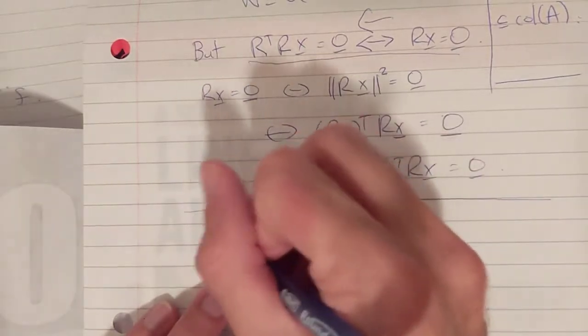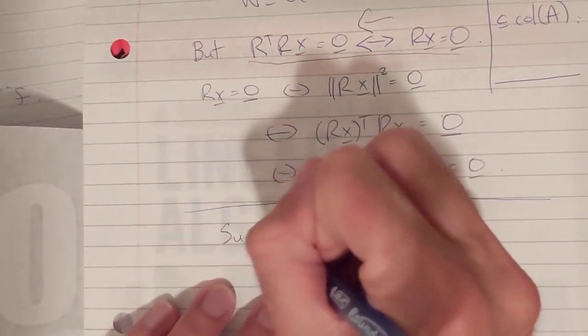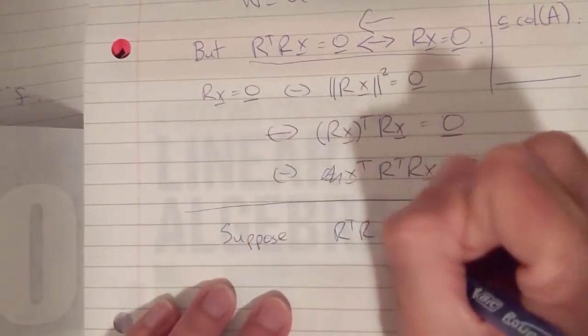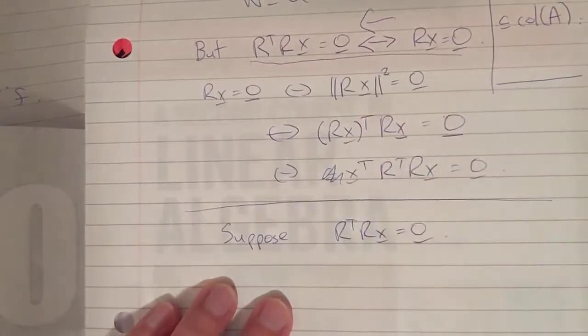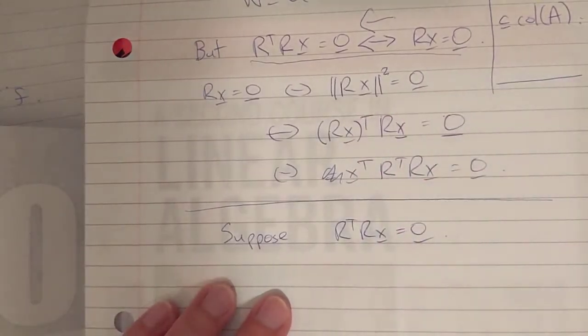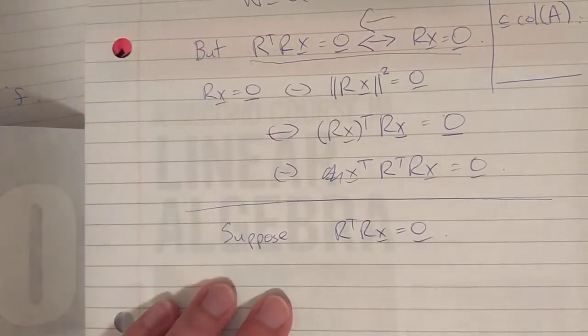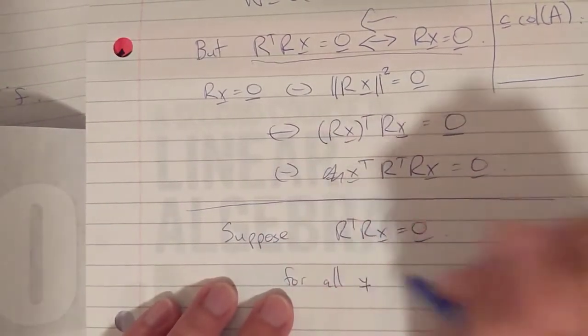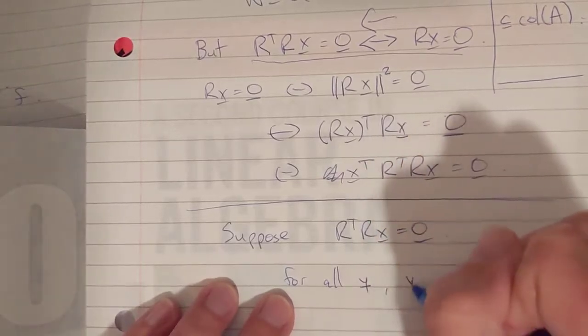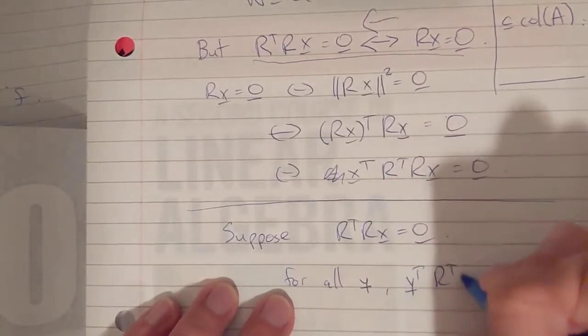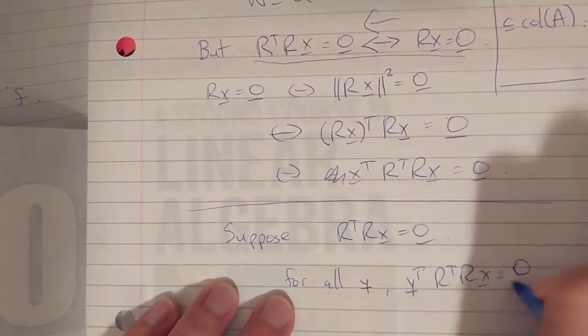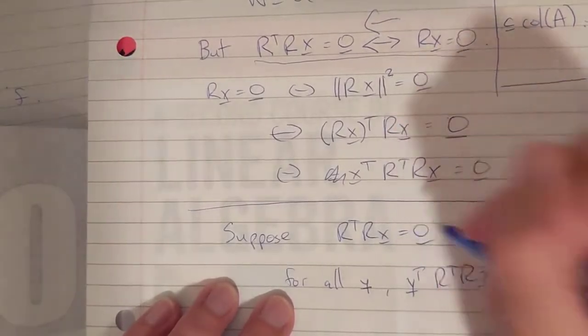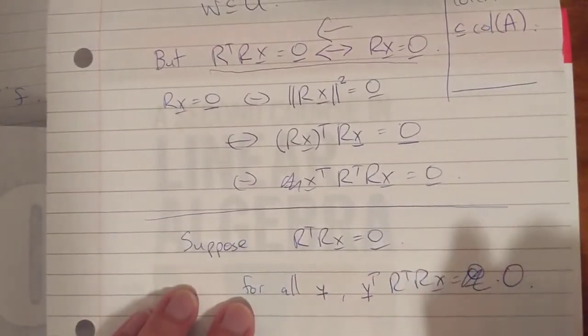So let's suppose R transpose Rx equals 0. That means for all Y, Y transpose R transpose Rx equals 0. Oops, sorry, this is the number 0.